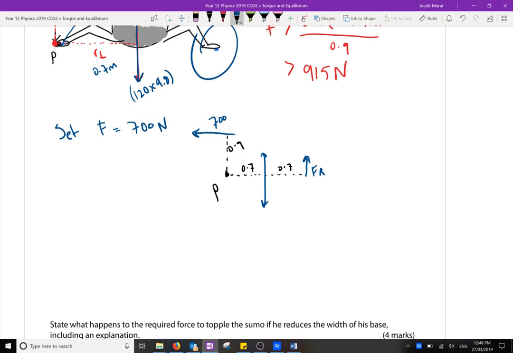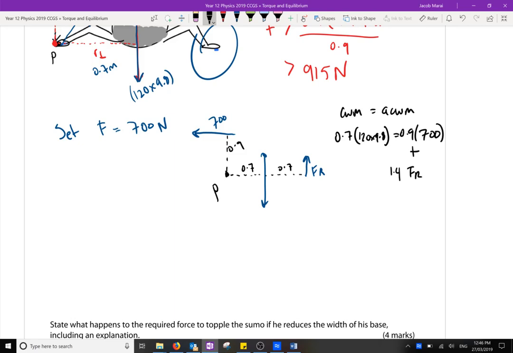So now the question is, what would the reaction force be? So, clockwise moment equals anti-clockwise moment. It's going to be 0.7 times his weight. And now we've got two anti-clockwise moments: 0.9 by 700 plus 1.4 FR.